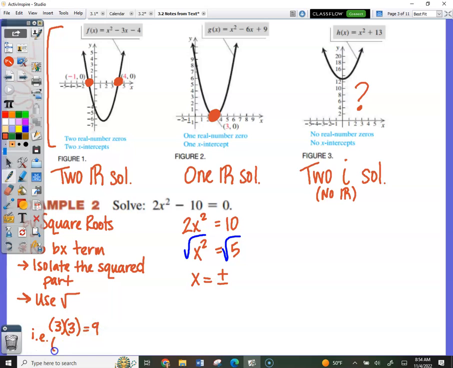Yes. Okay. What's negative 3 times negative 3? It's still 9. So if I take the square root of 9, how do I know which one it came from? I don't. So that's why this right here is so important, because you're saying, hey, I really don't know where that 5 came from, although it's ugly. But I do know for a fact that it came from either a positive or a negative.